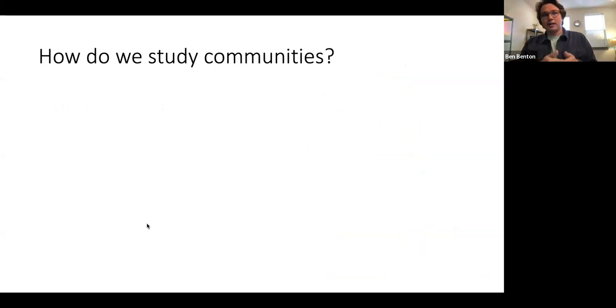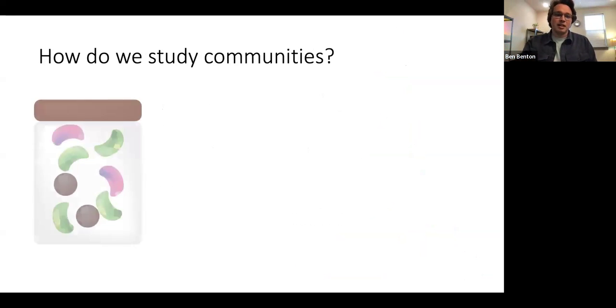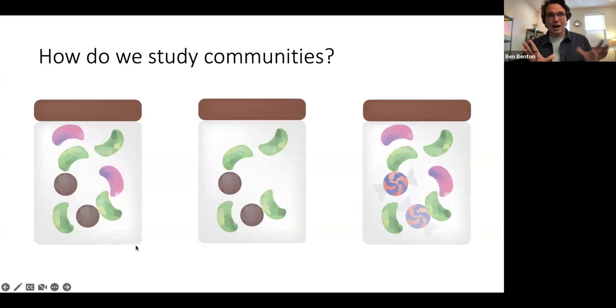Here is a brief synopsis of how communities have been studied in the past. A common metaphor for a community is a jar of candy, where each individual type of candy represents a particular species, all of the candy of that particular type within a jar represents a population, and the whole candy jar itself is a community.